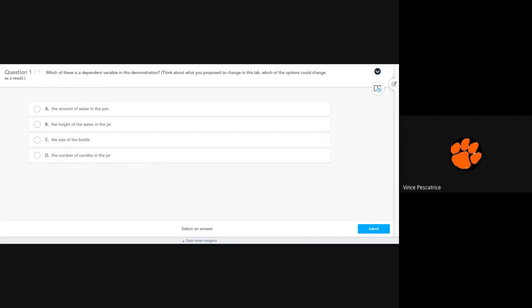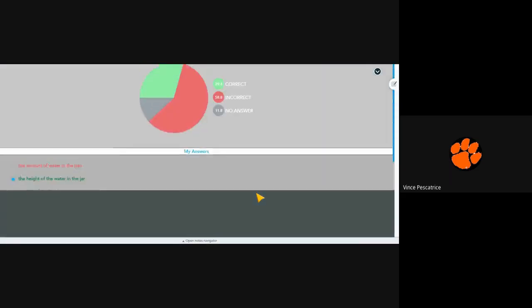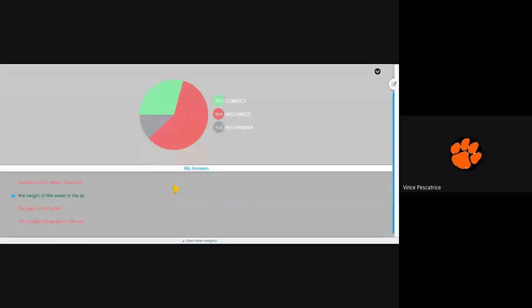All right, so we have more than half, so I'm going to go ahead and explain this, and then we'll be on our way. So the dependent variable in this demonstration is going to be the height of the water in the jar. And it's going to be that because the height of the water in the jar will change based on these other parts.